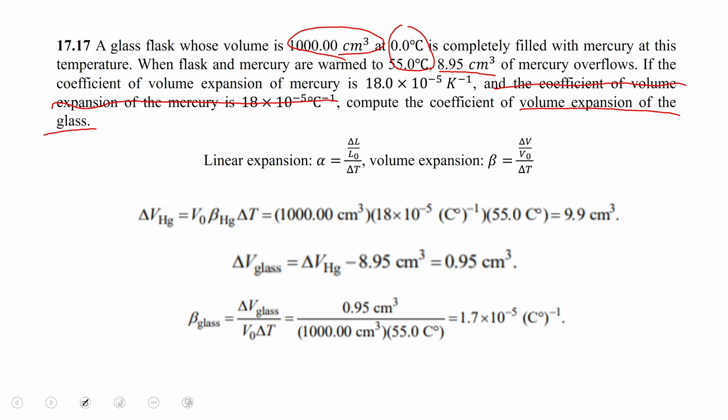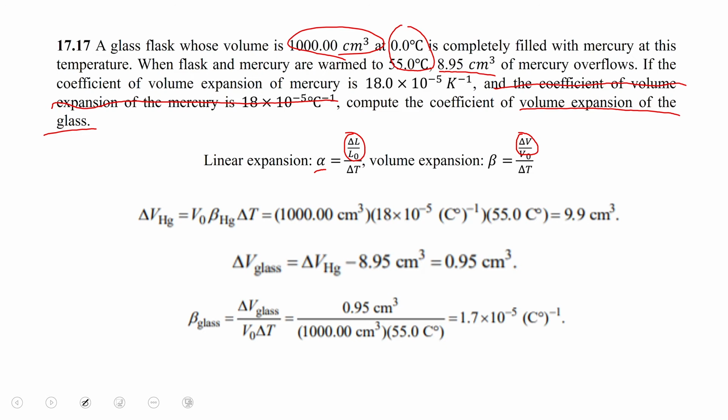And just now we talked about the linear expansion, and we used the length ratio to quantify the coefficient. Now we have another coefficient we call the volume expansion coefficient. The difference here is that we use the difference of the volume, not the length.